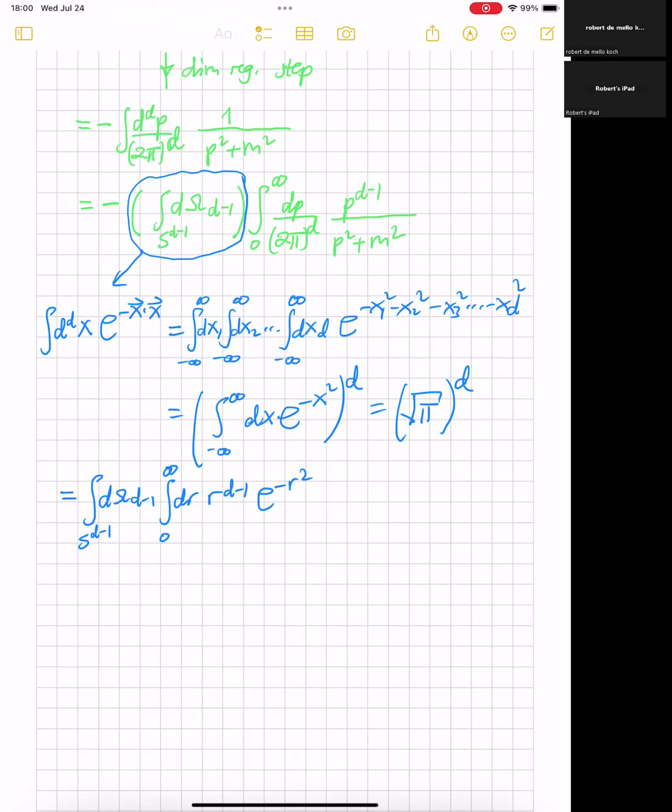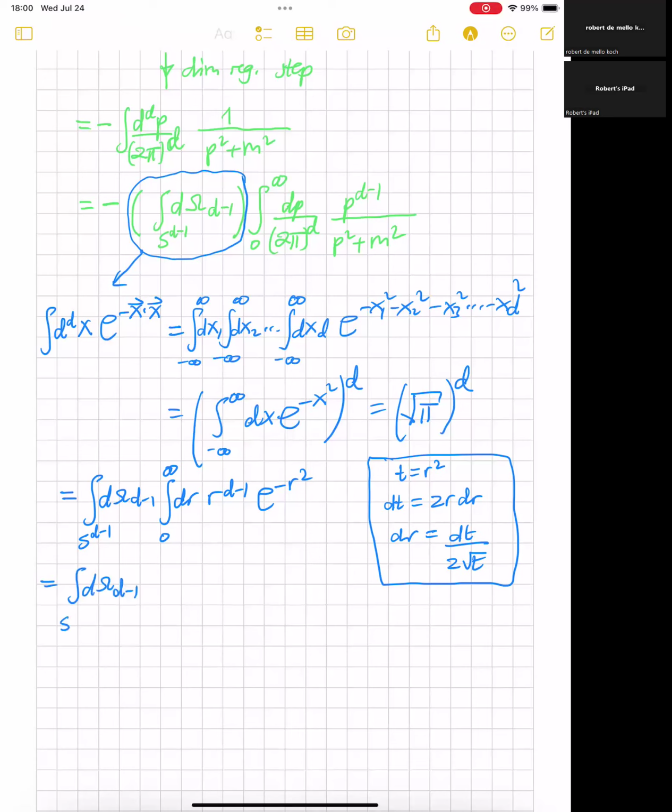Now, look at this r integral. I'm going to make a change of variables. I'm going to say that t is equal to r squared. Then dt will be equal to 2r dr, which means that dr is equal to dt over 2 square root t, okay? So that's the change of variables that I'm making. Then this will become an integral d omega d minus 1 over the d minus 1 sphere. Then here we'll have an integral dt.